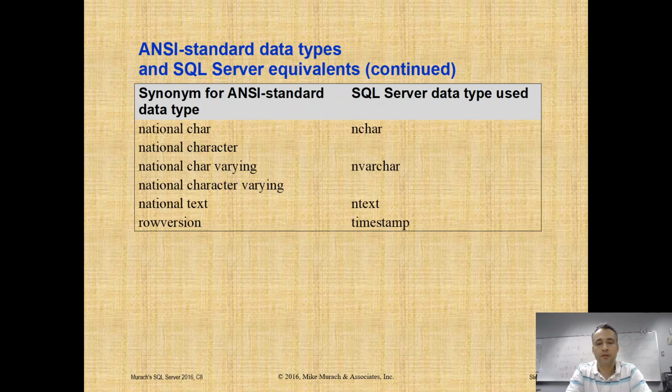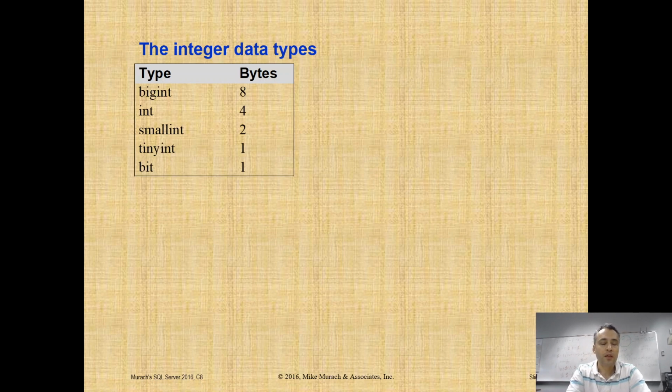And we have timestamp, and I think timestamp will be changed and updated to rowversion, and maybe it already was, but I did not check that out. So first of all, integer data types. You can use bigint, which is 8 bytes, or you can use tinyint, which is 1 byte.